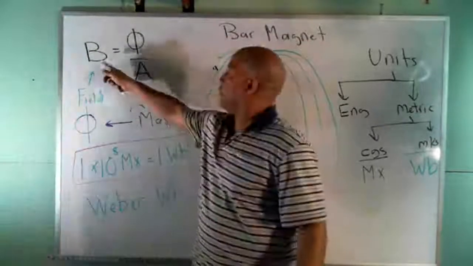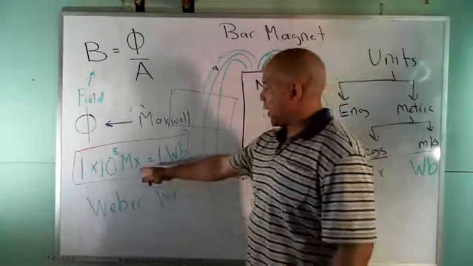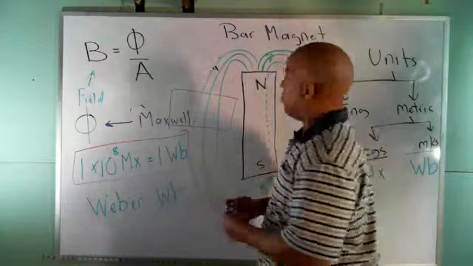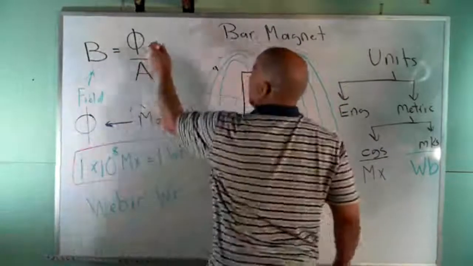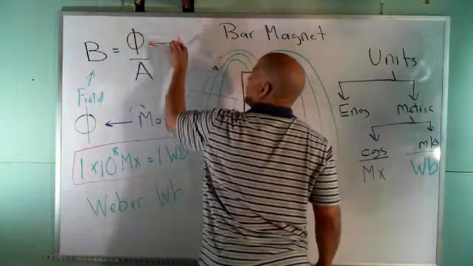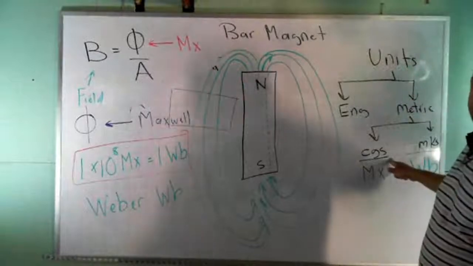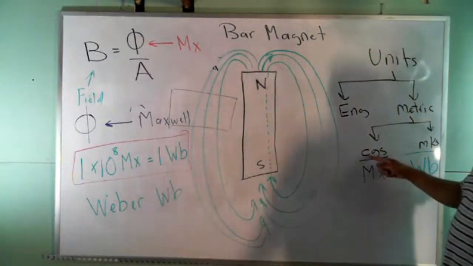Now, what are the units for flux density? Well, for flux, we got the Maxwell or we got the Weber. So one way to do it is like this. If this right here is in Maxwells, now remember, I'm over here, CGS. So if I'm using Maxwells, that means for my area, I got to use centimeters.